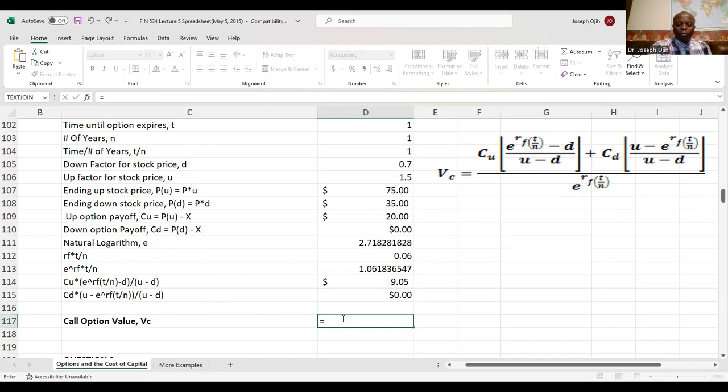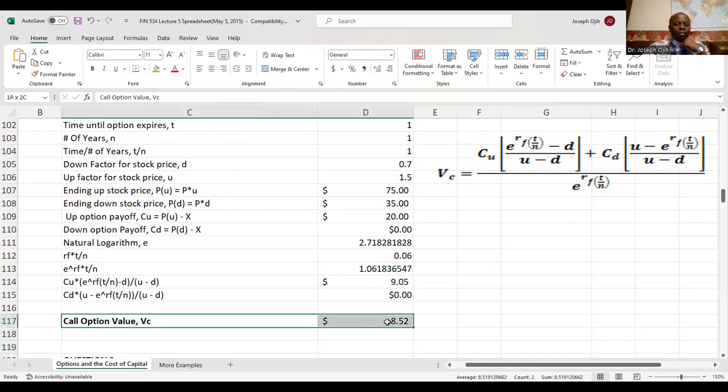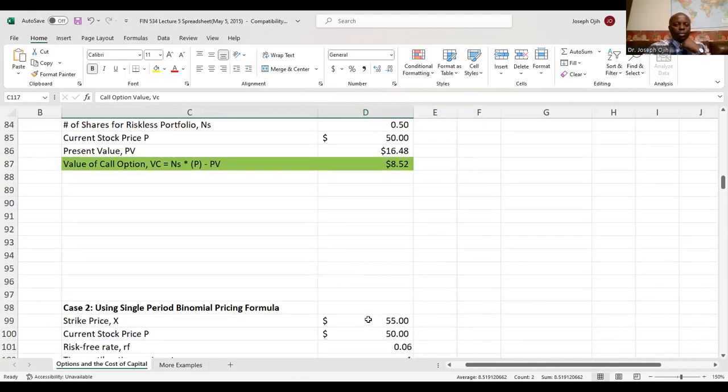Okay, let's do it again. All of this, we get it right here, plus all of that, you get it right here, divided by E raised to the power RF times T over N, which is this one here. If you highlight it, it gives us the same answer we have here. See, we have it here, $8.52. If you go up, you see $8.52. Same answer.